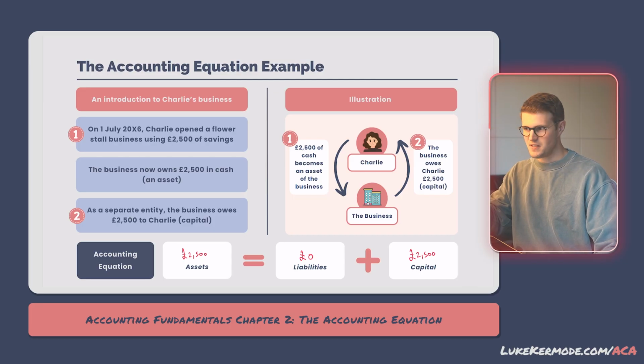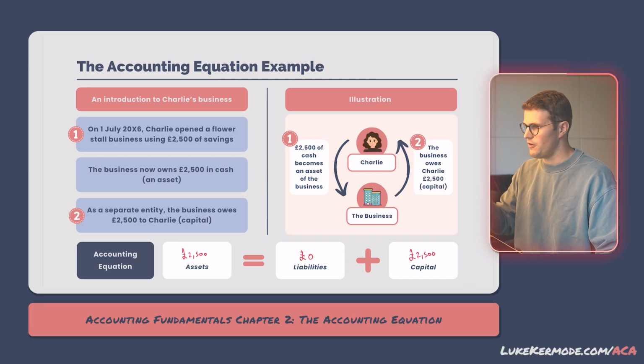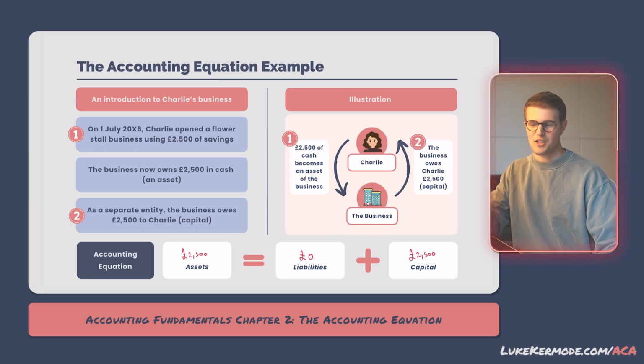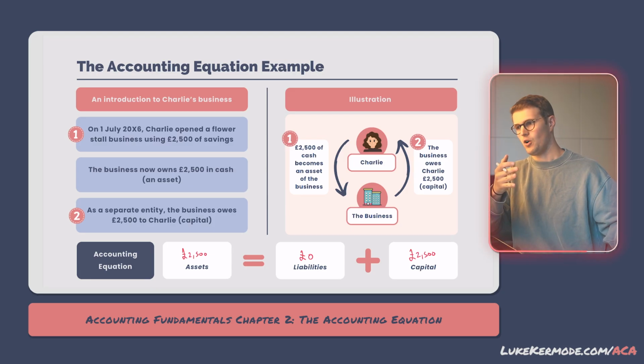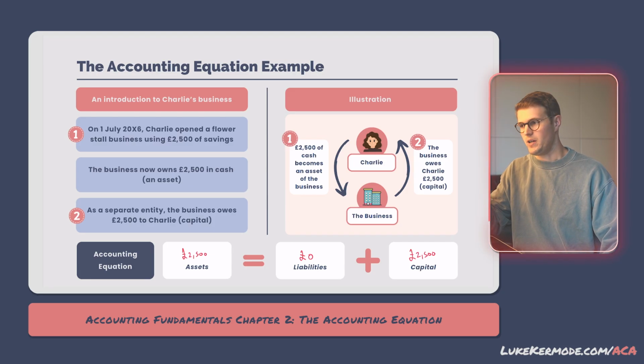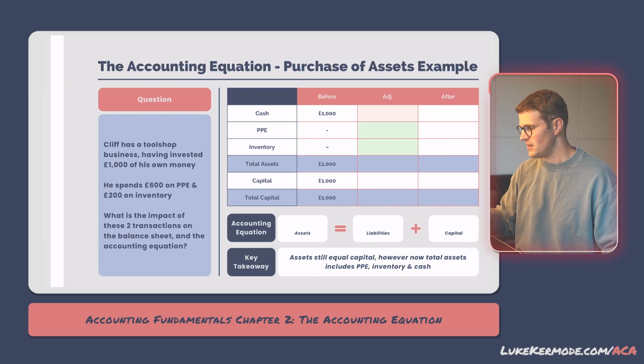So there's no liabilities at this stage, no money owed to third parties, only the amount that's owed to the owner as capital. And hopefully this example illustrates how Charlie's investment into the business creates both an asset on one side of the equation and a capital entry on the other side. So the accounting equation remains in balance.